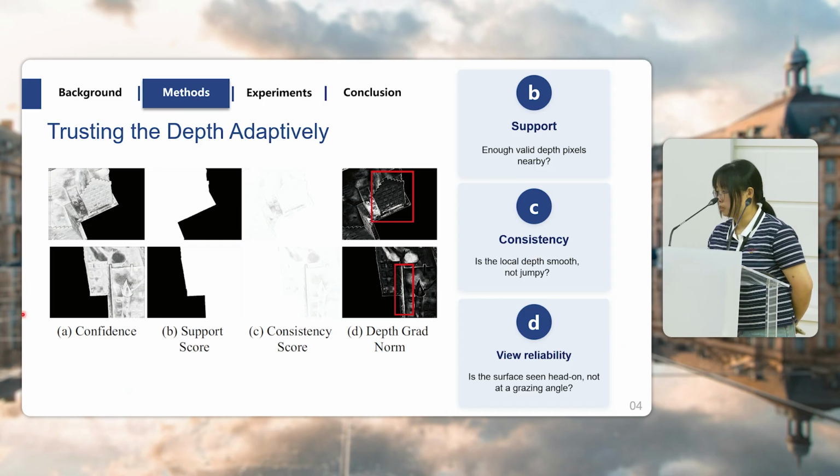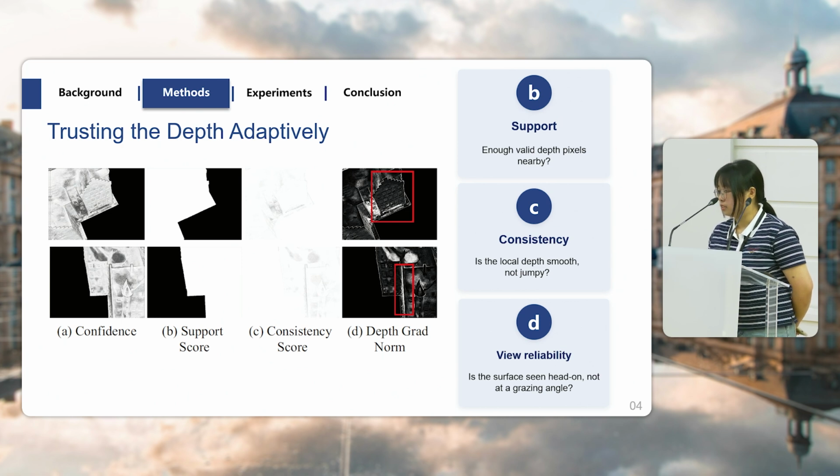But the pseudo depth is not always trustworthy, so we should not apply the constraint equally. We compute a depth confidence for each pixel as the product of 3 terms, each guarding against one kind of unreliability. The first is support. Against sparse or missing depths, it counts how many valid depth pixels lie in a local window.